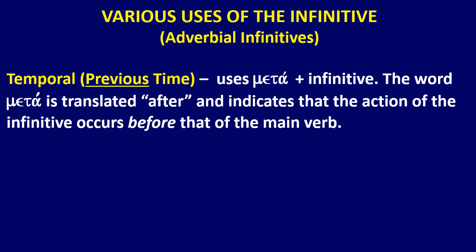Now, as I said, when it comes to the temporal infinitives, sometimes they indicate prior time. So here you have an adverbial infinitive that's temporal, indicating previous time. And in these instances, oftentimes you'll see the preposition meta, which is usually translated after, combined with the infinitive.